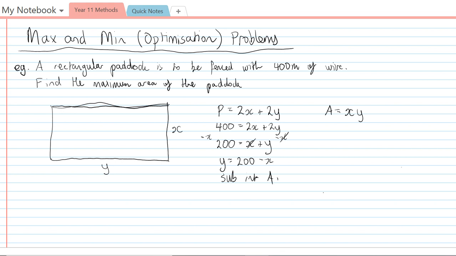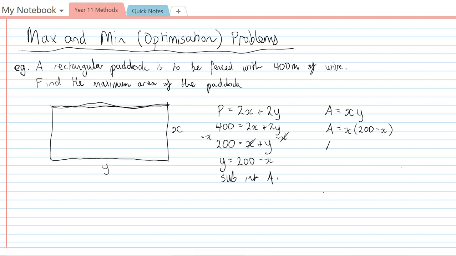And when I do that, I get area equals x times 200 minus x. So I've now made it so that it's an equation just in terms of one variable, which is much better, and now we can differentiate this and find out where the maximum occurs.